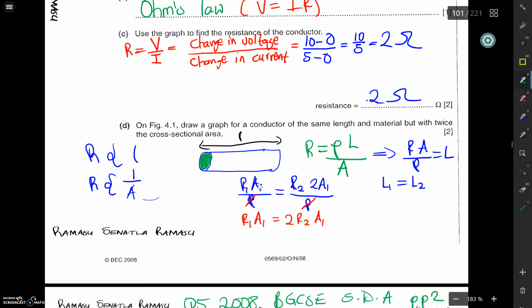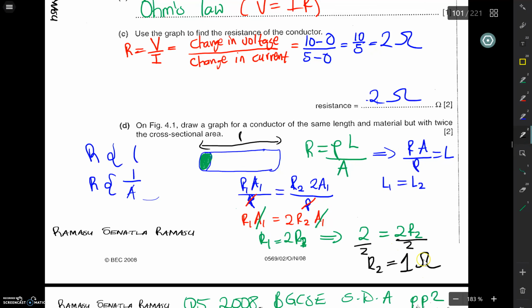Once again, because these A1s are the same, they cancel out, so we end up with R1 is equal to 2 R2. Now we know that R1 is equal to 2 ohms, right? So we can write this as 2 ohms is equal to 2 R2. Then to find the value of R2, we divide through by 2. So R2 is equal to 1 ohm.